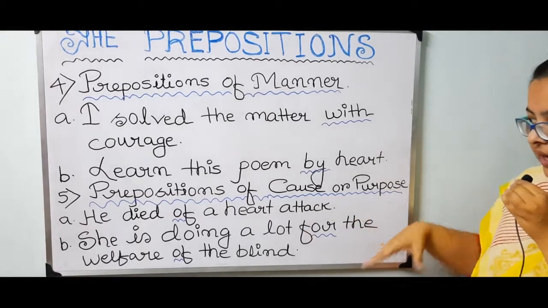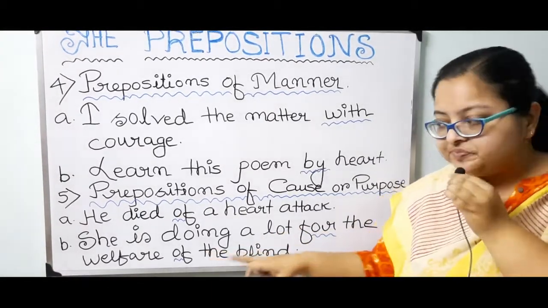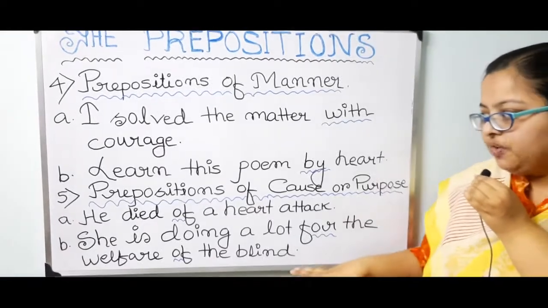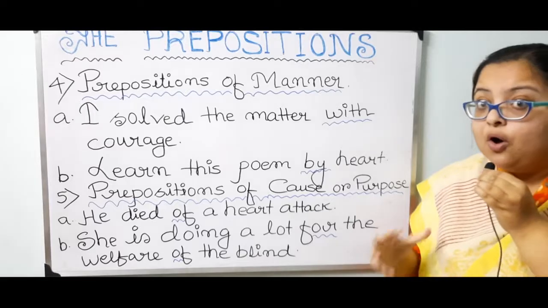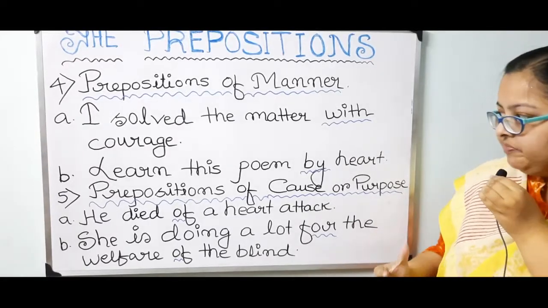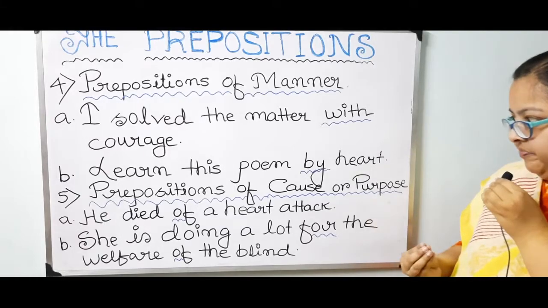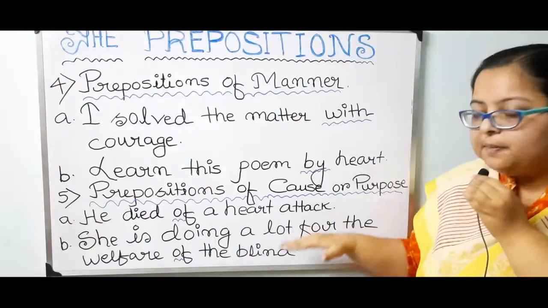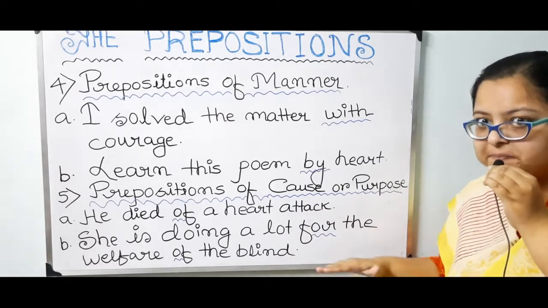For the welfare of the blind. Now "of" is also used over here, for the welfare of whom? Of the blind. So it is also supporting the purpose as such. Okay, preposition of purpose.